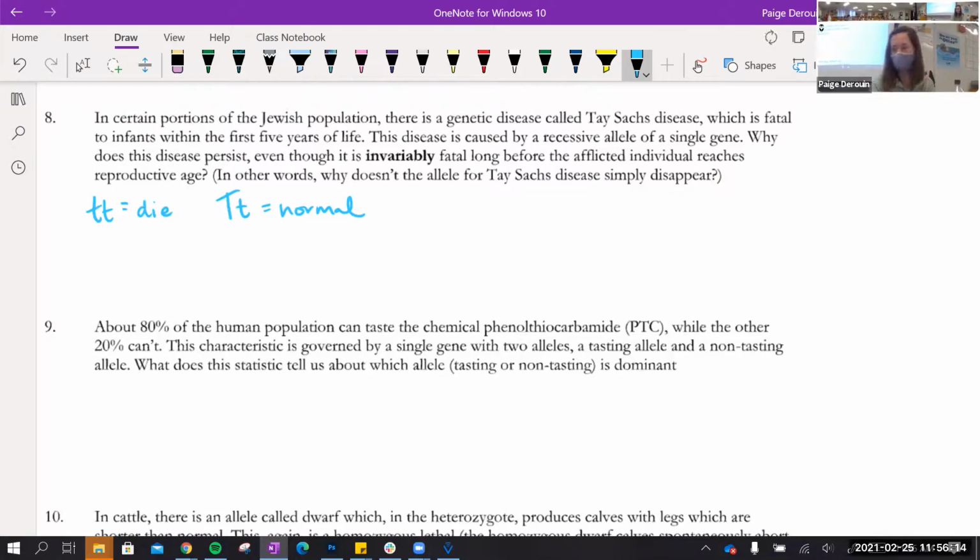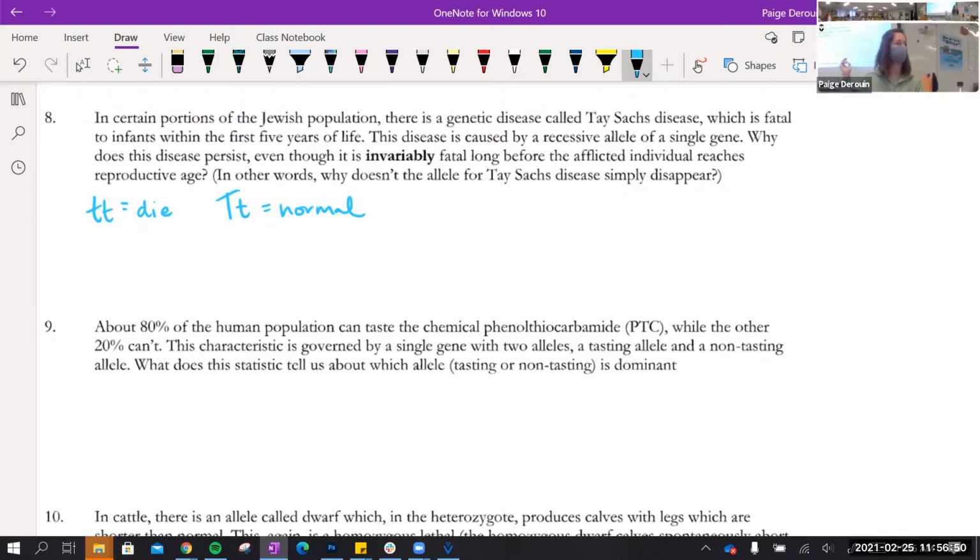And 2 people who are heterozygous can have a child who has the disease and dies. So the answer is, it doesn't disappear because heterozygous people carry the trait and are normal. Does that make sense? I think I read the question wrong or something. Okay. Yeah, you didn't need to do a Punnett square for this one. You just needed to understand how it works. Okay, thank you. Yeah, no problem.